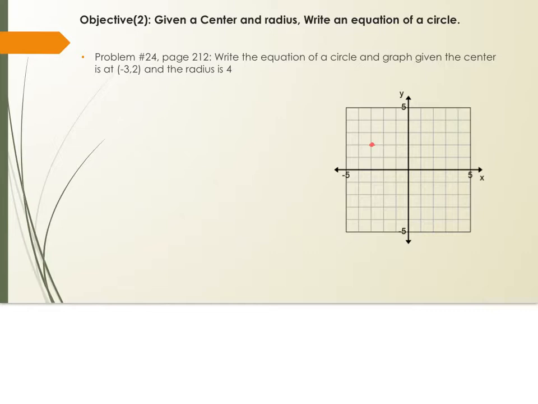So now I'm going to put the points that are on the circle, and again the radius is 4, so I'll move to the right 4 places, and I'll put a point here, and now I'll put a point 4 places up, which is about right here, and now 4 places about right here to the left, and now 4 places down, which is about right here. And now we'll draw our circle.